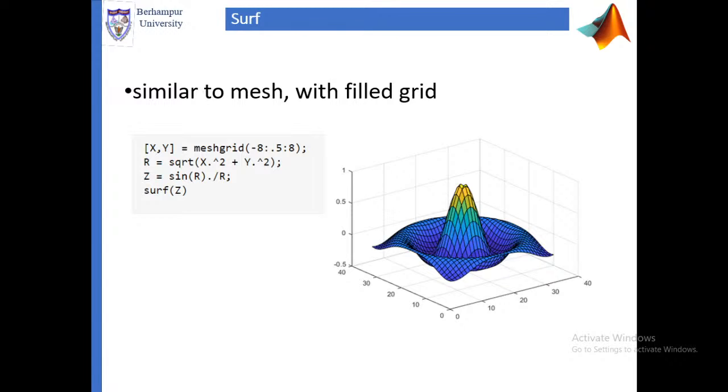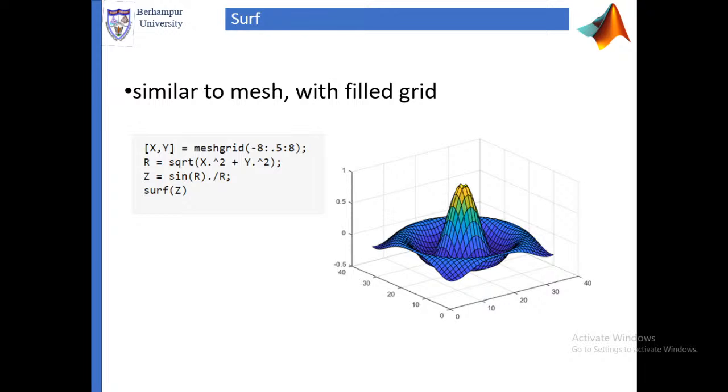So this is a filled-in grid. Surf is short for surface, so you get a surface. Otherwise, it is the same as in the previous case. Here, instead of mesh, we are writing surf(Z). So this gives you a surface plot.